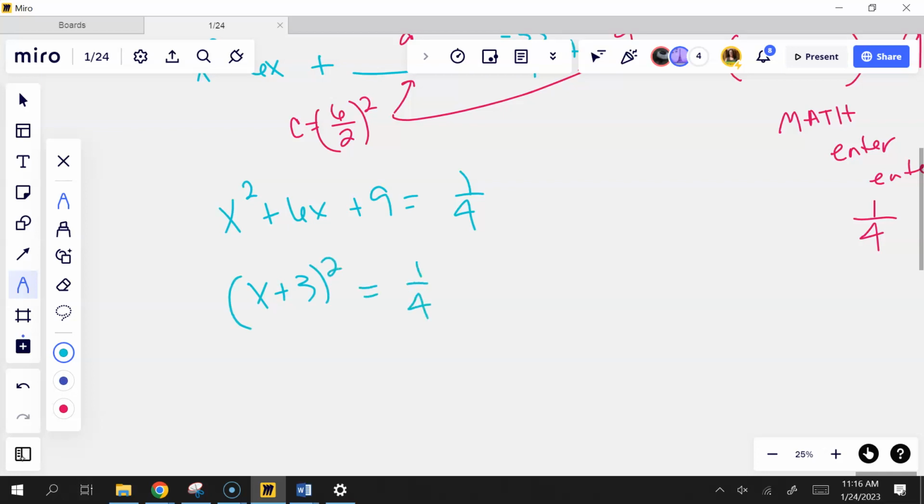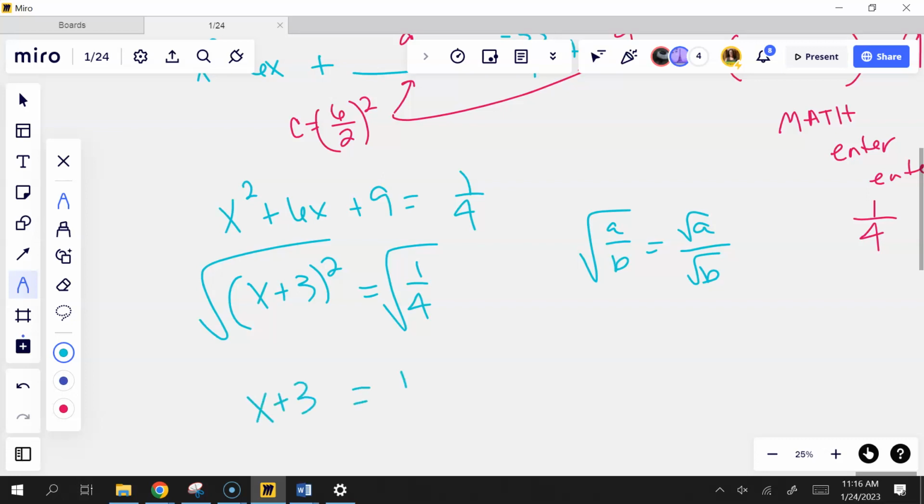How do you solve that? That's exactly right. Just go ahead and square root it. I've got a fraction. Remember that property? I can split it up that way. So x plus 3 is going to be plus or minus.